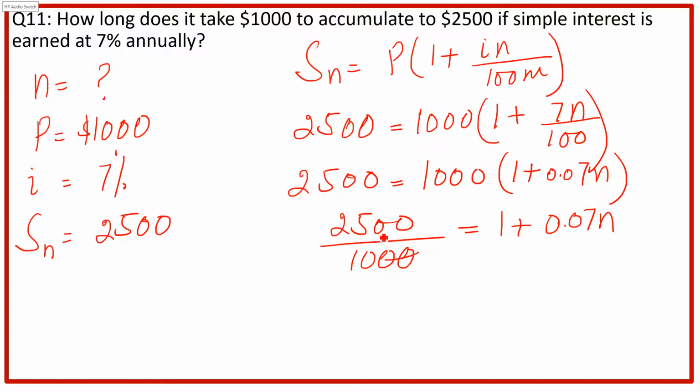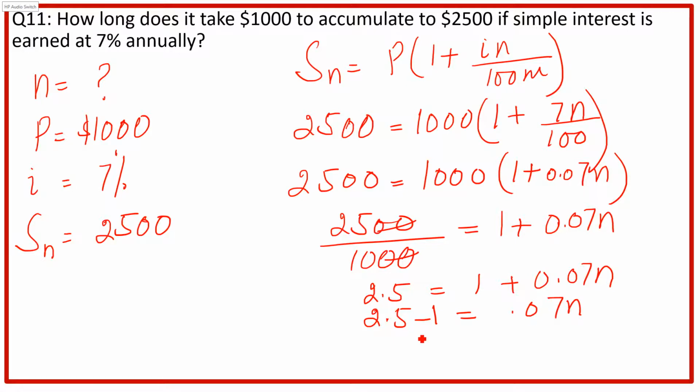So these two will cancel. 25 divided by 10, we have 2.5, which is equal to 1 plus 0.07 n. Now this constant we will take to the other side of the equation. It will be minus 1, which is equal to 0.07 n. Now 2.5 minus 1, we will have 1.5, which is equal to 0.07 n.